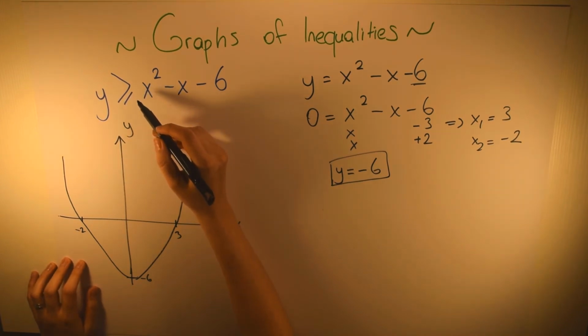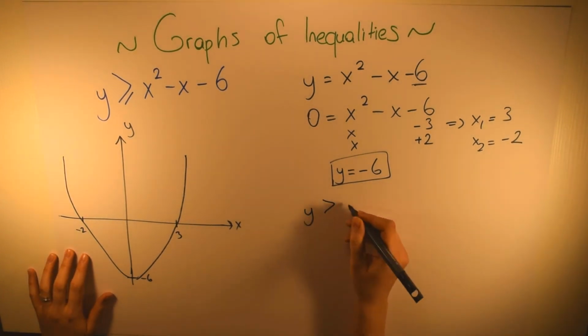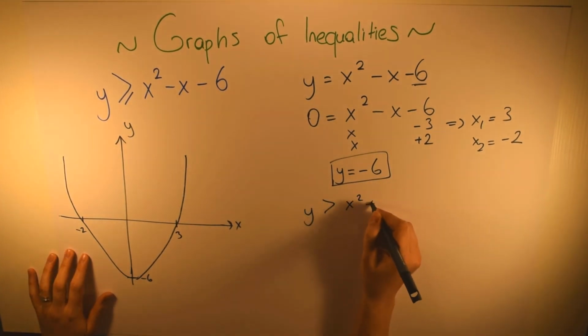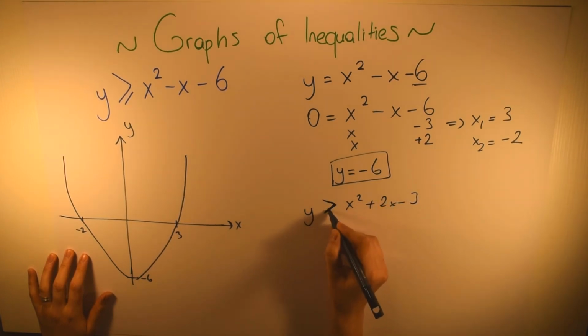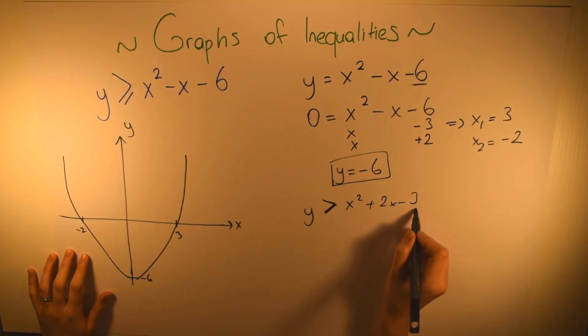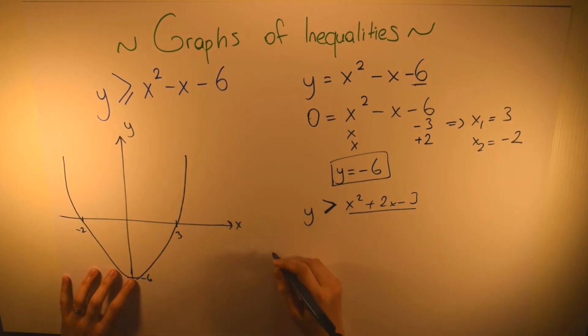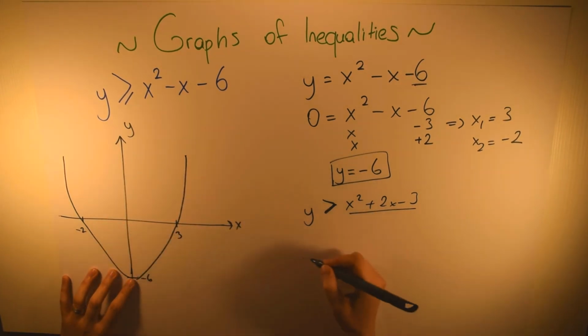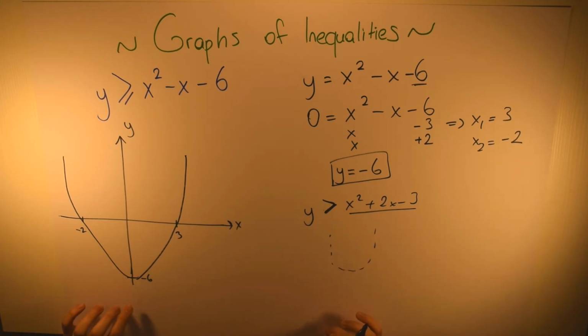If there is no equality, if this is something like, let's say, y is greater than x squared plus 2x minus 3, as you can see there is no equality, it just says y is greater than this equation, and then you have to draw this parabola as a dotted curve line like this. Now we will solve another example, and you will understand this concept better.